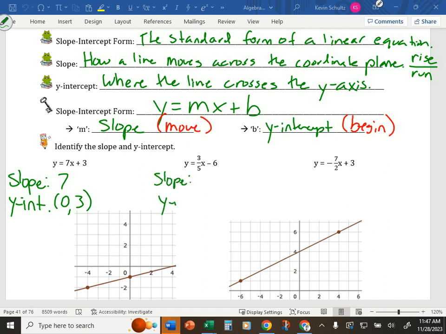Next one, y equals 3/5 x minus 6. What is the slope? What is the y-intercept? Someone on this side of the room.